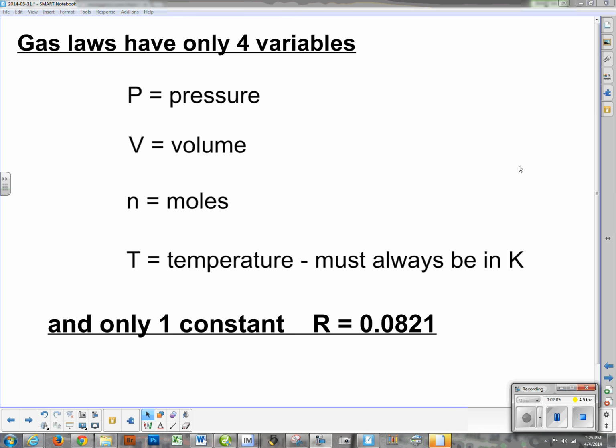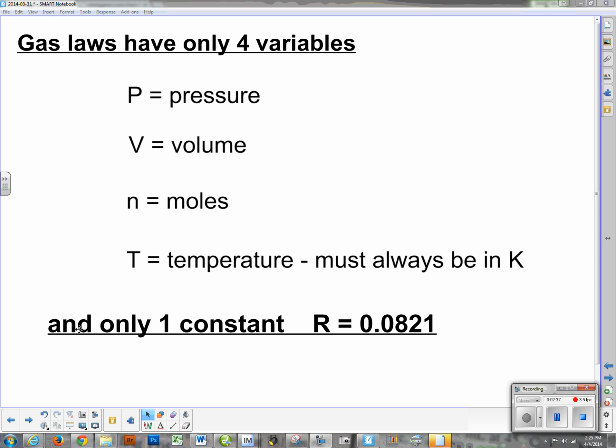Okay, this page shows you all of the variables that we have in the gas laws. So P for pressure, V for volume, N for moles, and T for temperature. The only one that requires you to be in a specific unit of measure is temperature. It always has to be in Kelvin, no matter where you use it.